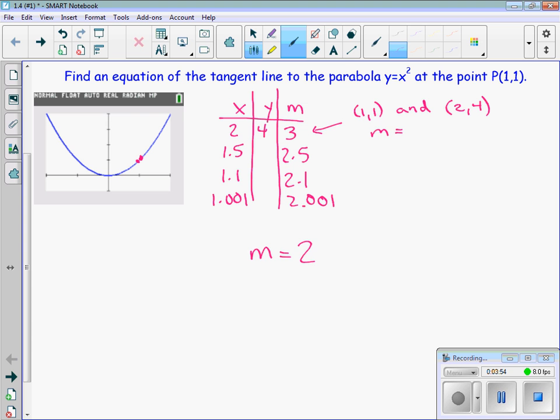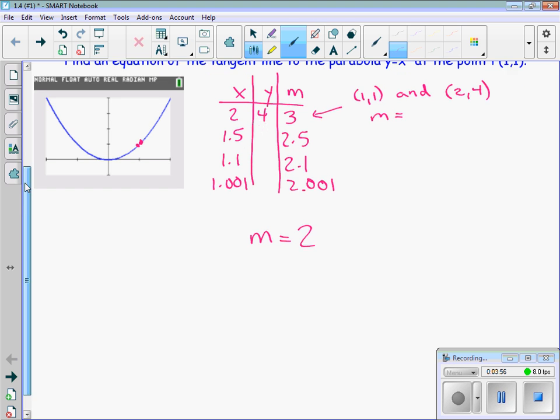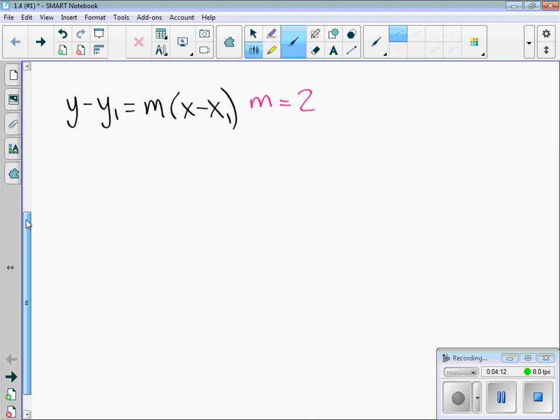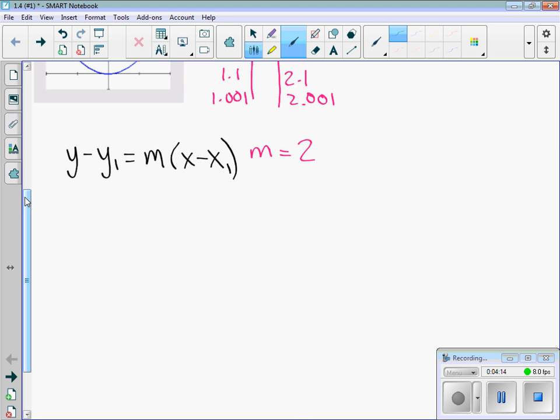Now, if your school doesn't do this, they should. You want to use y minus y1 equals the slope times x minus x1 to write an equation of a line. If you're not using this, you're cheating yourself because you're making it a harder problem than it needs to be. So what do I plug in for m? 2, right?